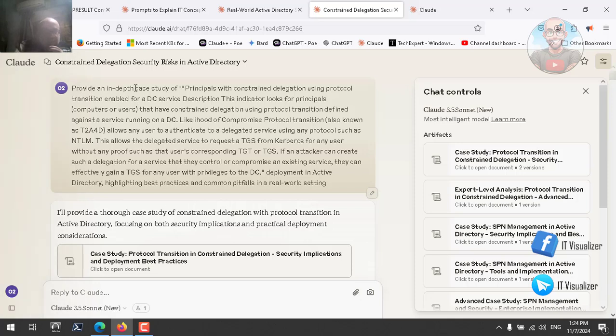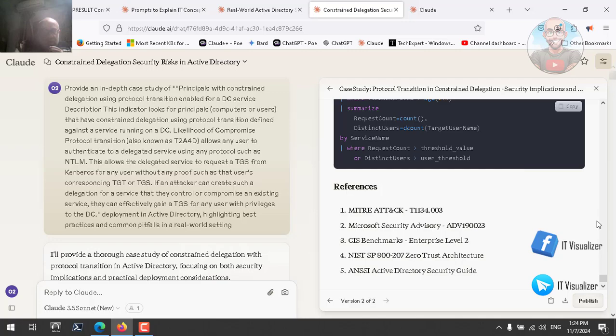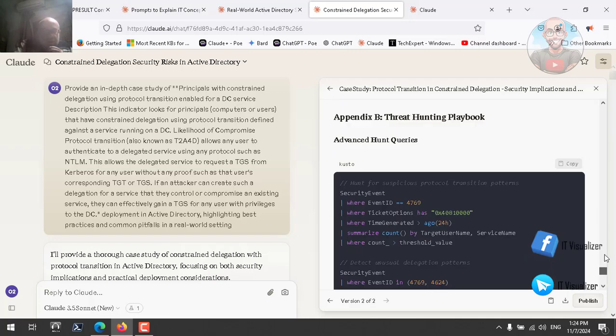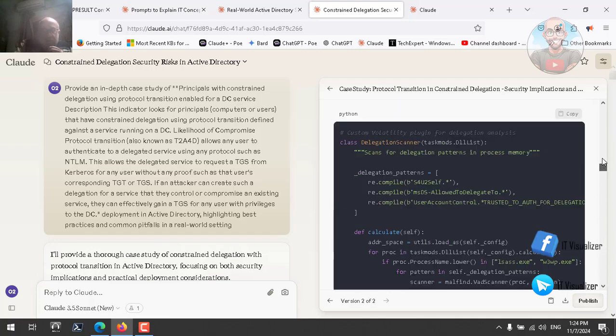Here, provide an in-depth case study of all of the below, which is concerning the security indicator, constrained delegation using protocol transition enabled for a DC service, and then at the end I'm asking it to highlight best practices and common pitfalls in real-world settings. So here is the case study. If we go and try to read the answer, let's first see.